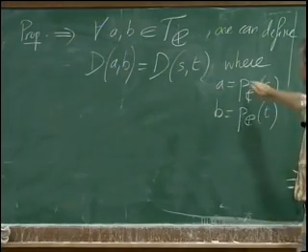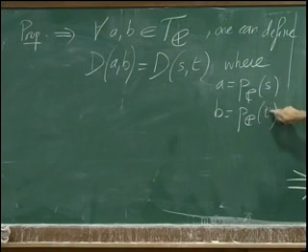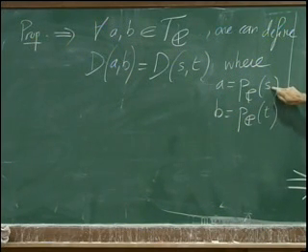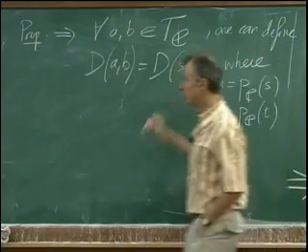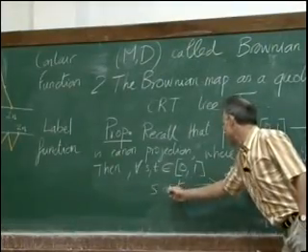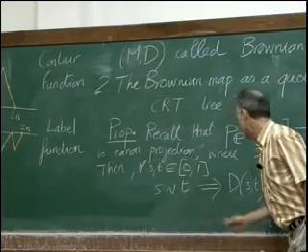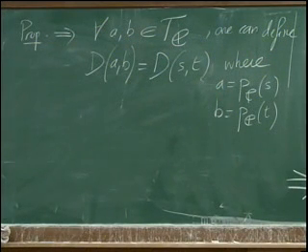The point is that this quantity will not depend on the choice of s and t. There may be more than one possible choice for s or for t, but I will always get the same thing here. This is a consequence of this property. If I replace s with an equivalent time, I don't change the capital D. So capital D can be viewed as defined on the CRT.